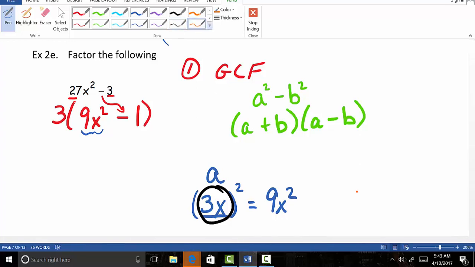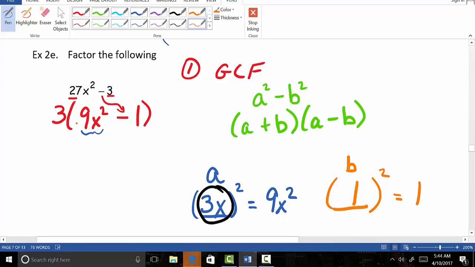Similarly, looking at the number 1, when we square it, we end up with our b squared, which, according to this, is just 1. 1 is the only number that will be able to do that. 1 squared gives us still 1. And by doing that, you've found your b value.